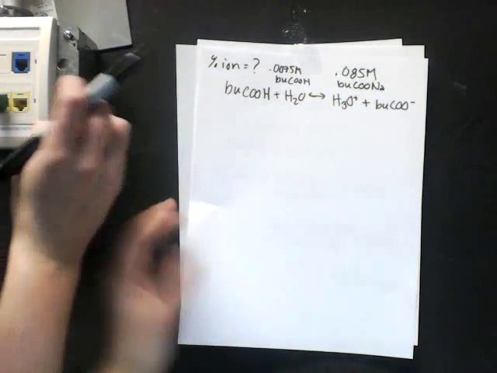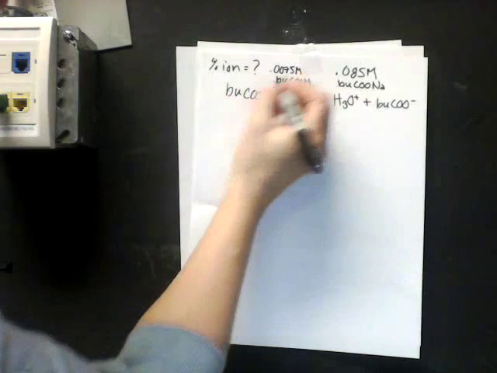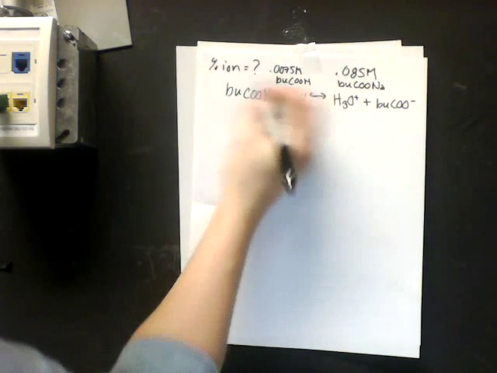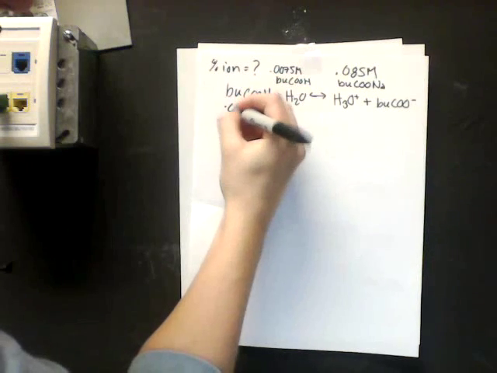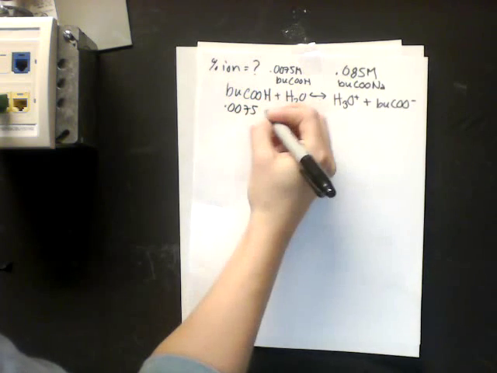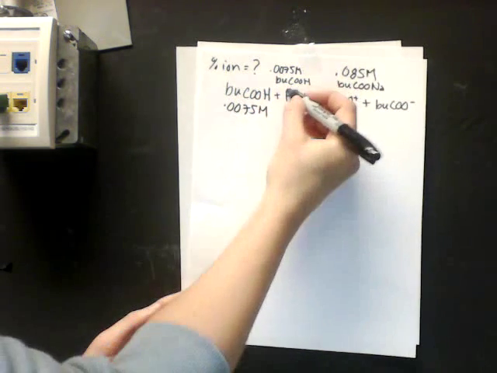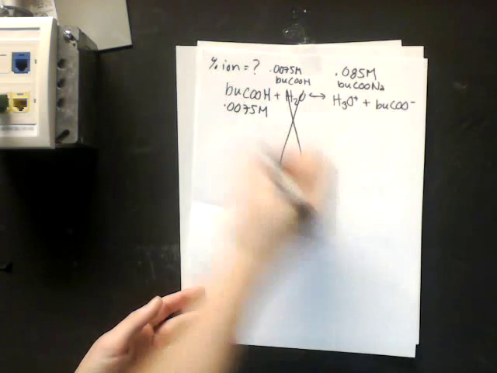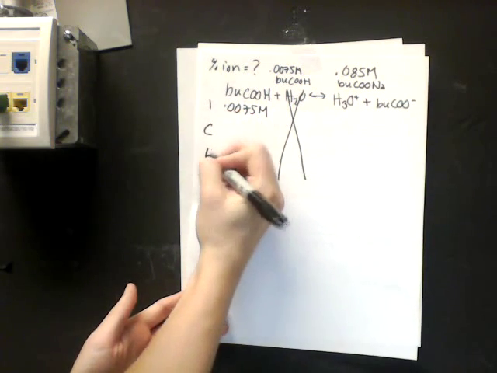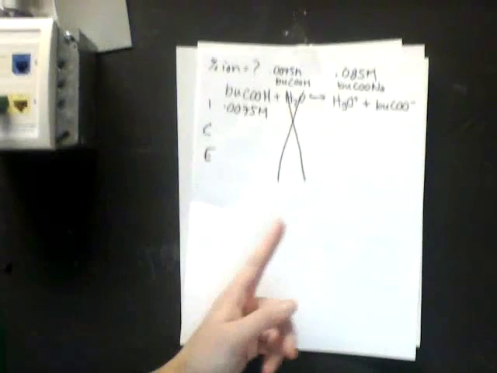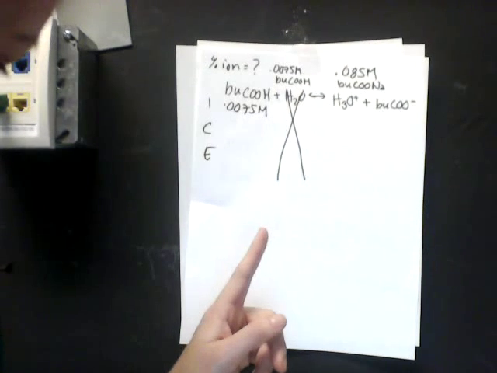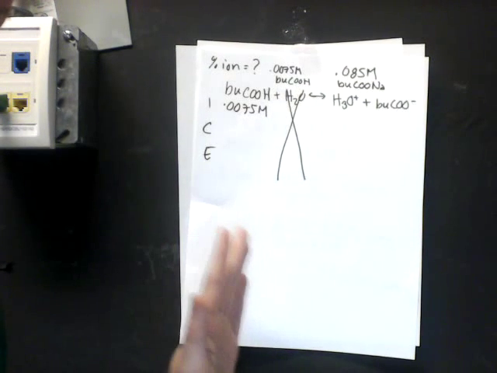In this case, it's slightly different. We are saying that my initial BuCOOH is 0.0075. So that's normal. If you decide to write water in the ICE chart, you're just going to want to X the whole thing out so you don't get confused by it.